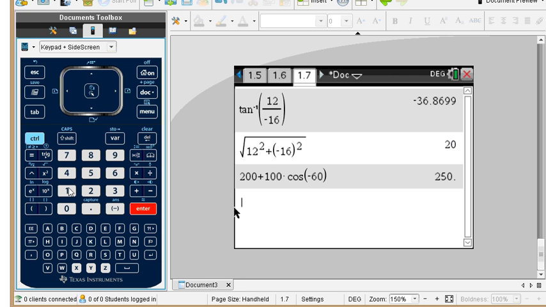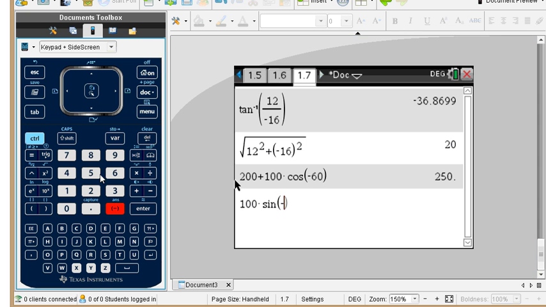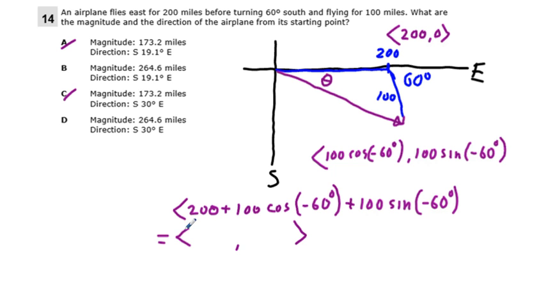And for the other one, we're going to take 100 times the sine of negative 60 degrees. And we get negative 86.6. So 250, negative 86.6. And we can just find our magnitude.